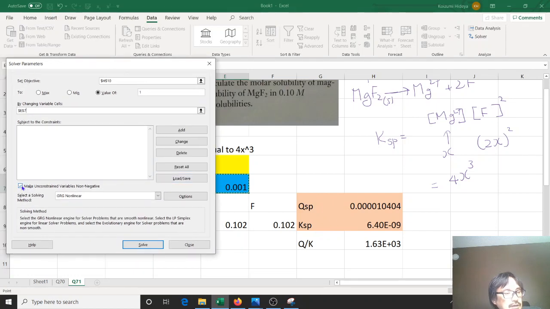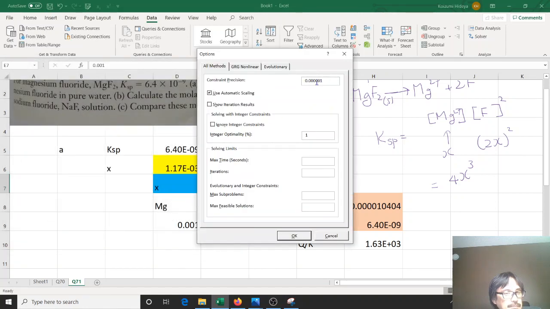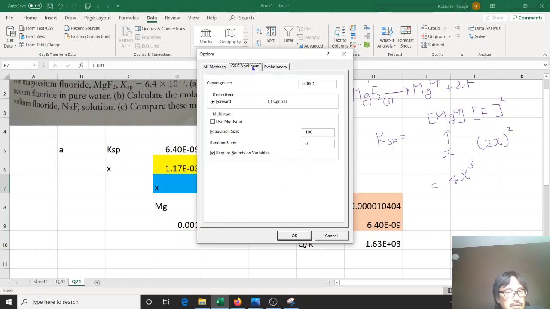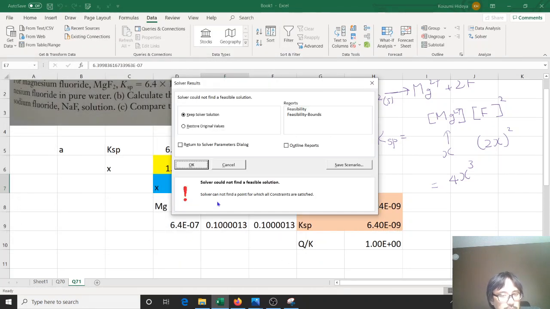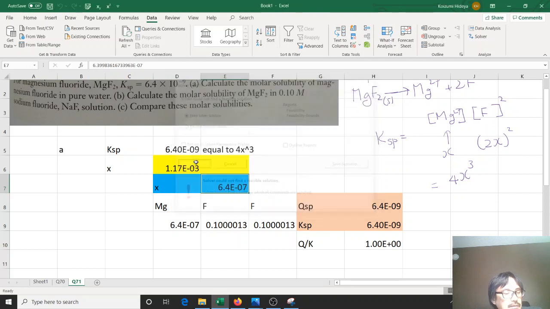Then same stuff here. I'm going to put this to be 1e-20, and the other one is also 1e-20. As long as this number is small enough, that works perfectly fine. Look at this.